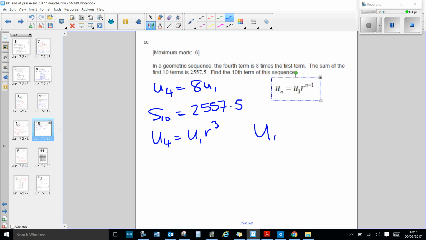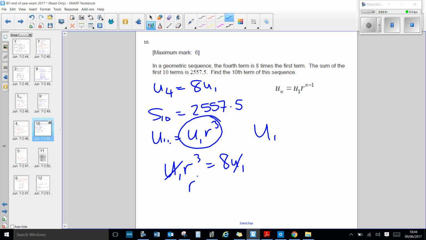So U1 r to the 3 is equal to 8 lots of U1. Well, we've got U1 on both sides, so that means that r cubed is 8, which means r must be 2.